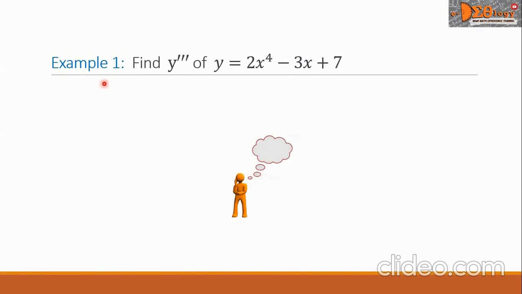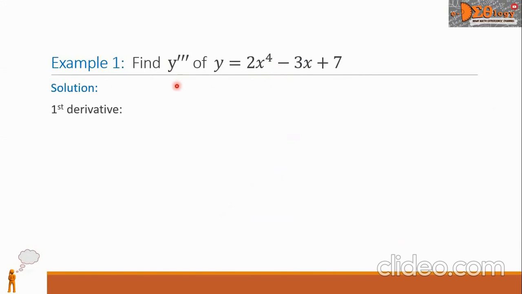Let us see example 1. Find y triple prime if y equals 2x raised to 4 minus 3x plus 7. The y triple prime here means the third derivative. For our solution, let us begin with the first derivative.